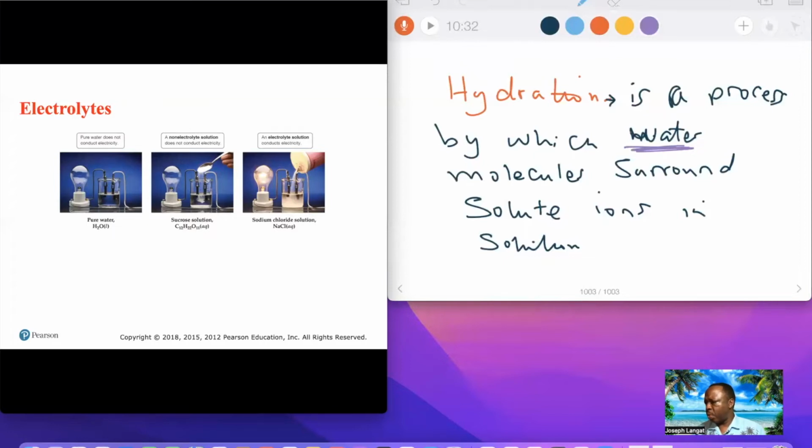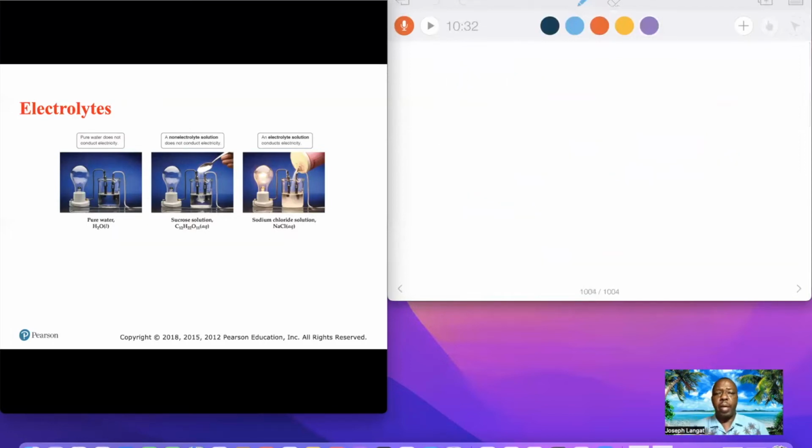Still on solutes, we have those ionic compounds which, when they dissociate in H2O, conduct electricity. We call those electrolytes. Sodium chloride, when dissolved, completes the electric circuit, therefore there will be light. Electrolytes are compounds which dissociate or ionize completely when dissolved in H2O.